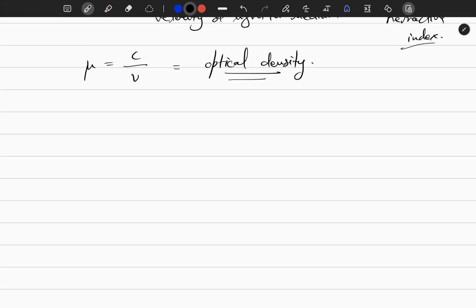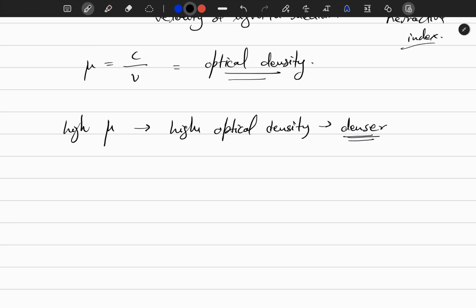High mu, that is high refractive index, is said to have high optical density, which means it is denser.